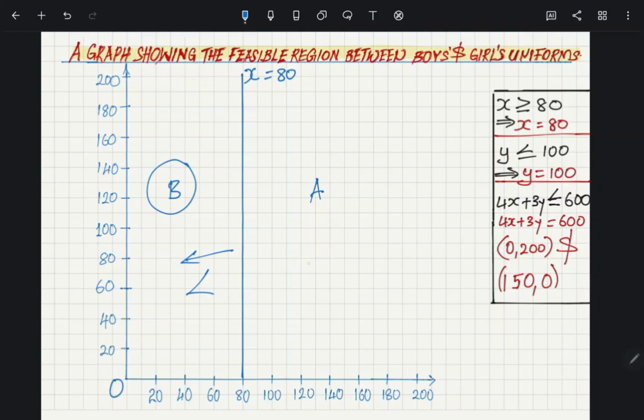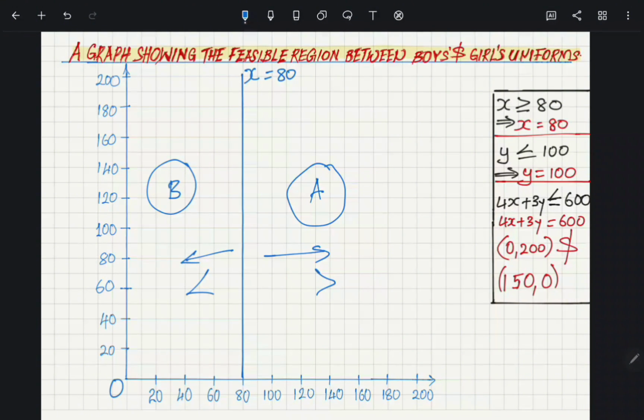And the part which faces away from the origin, that is to say part A right here, is always greater than. So you just come here on your right hand side and you see the inequality symbol of the line x is equal to 80. When you look at x is equal to 80, the inequality symbol here is x is greater than 80.